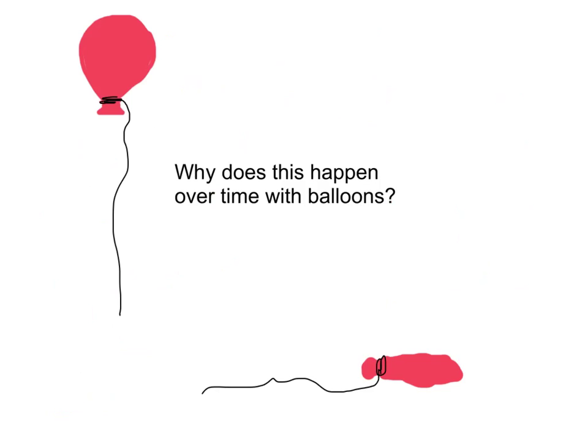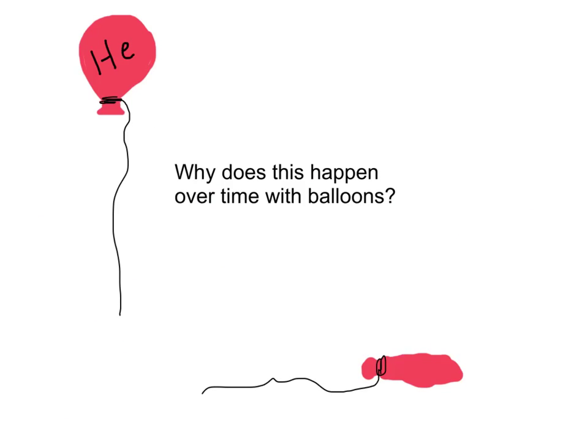Okay, so have you ever gotten a balloon and it's very high and flying, and then after a day it starts to not fly quite as high, and after another few days it falls to the ground, and pretty soon it's all shriveled up? Why does this happen? We put helium in the balloon, right? And helium should stay where it's put, right?